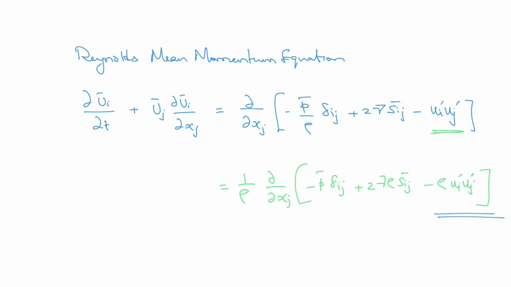We have seen the meaning of each and every term, like the temporal term, advective term, pressure term, viscous term. What does it do to the fluid parcel? Now the new term which we have, we need to understand what it does to the fluid parcels. So we will expand it into a tensor or a matrix, and then we will see what it conveys to us.